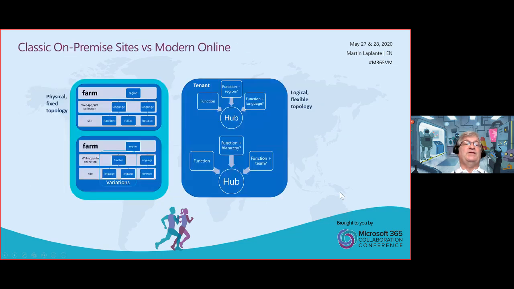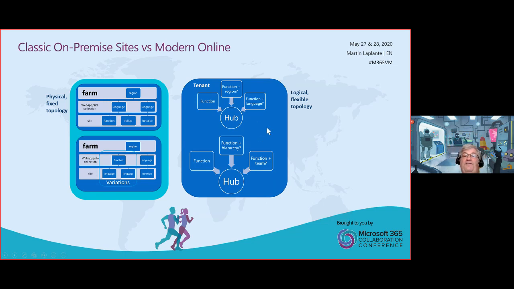So with classic on-premise, what you used to do is to have a physical topology, a fixed topology. You would have multiple farms. Each farm would represent a region, and within there, the language would be towards the bottom of the physical and of the logical hierarchy, the topology of the sites. If you use variations, language is necessarily at the bottom of the hierarchy.